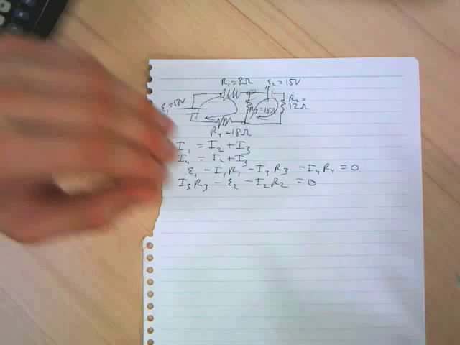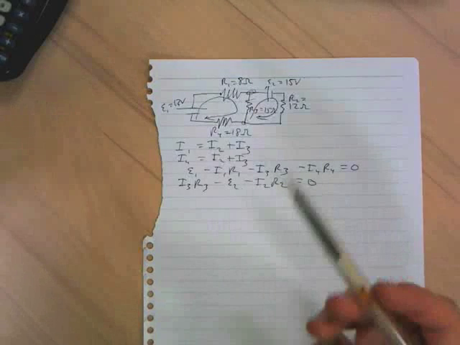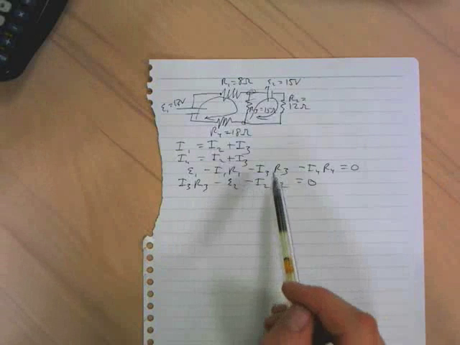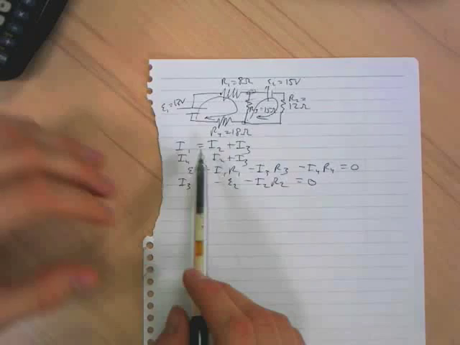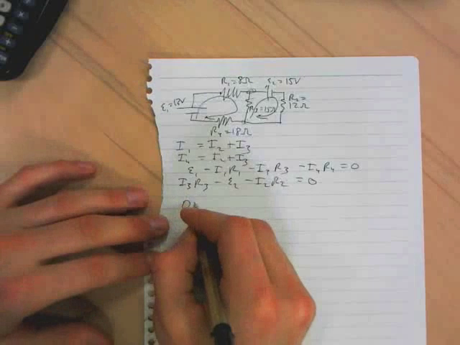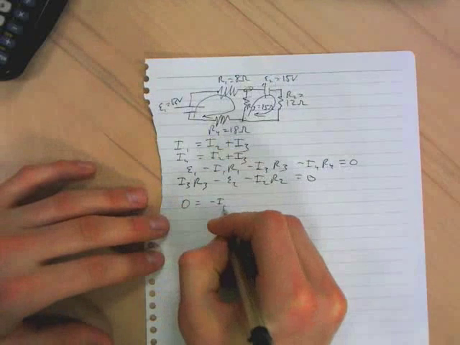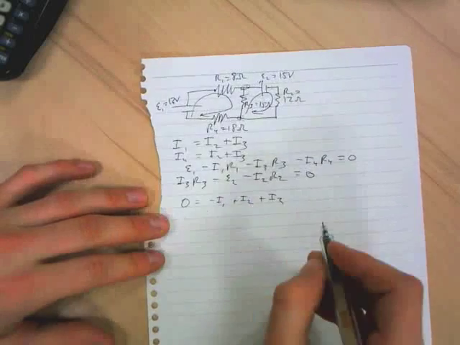Okay. Now, if you start trying to substitute, the algebra gets really hairy. So what you can do is rearrange this into a square matrix. If we take this first equation, we can say 0 equals minus I1 plus I2 plus I3.